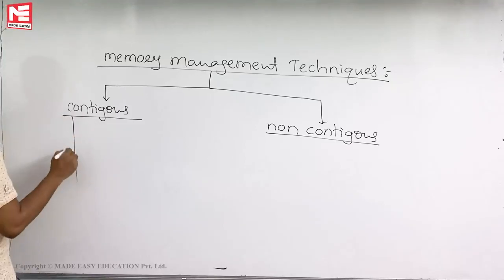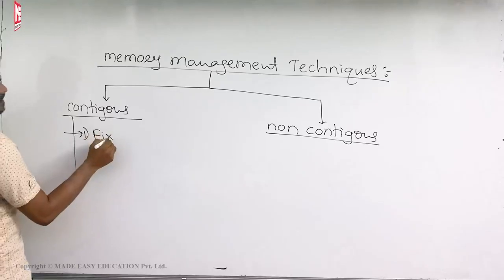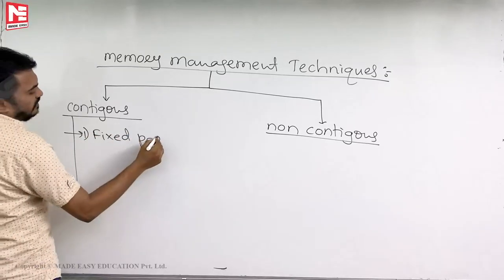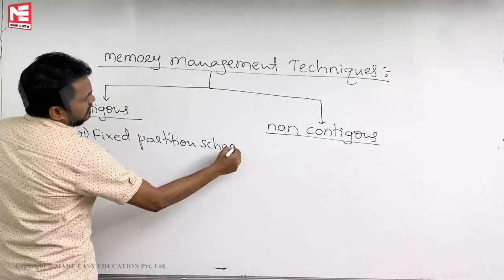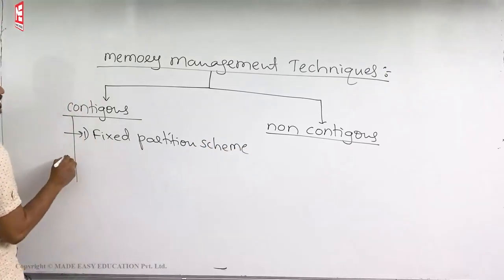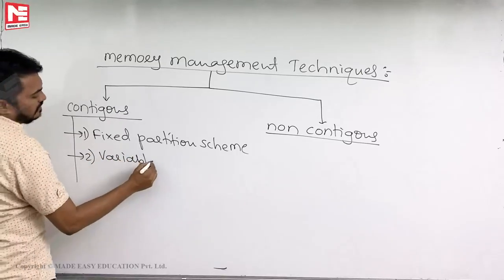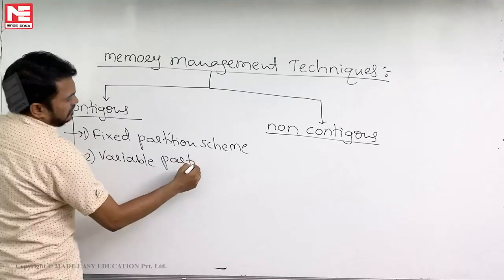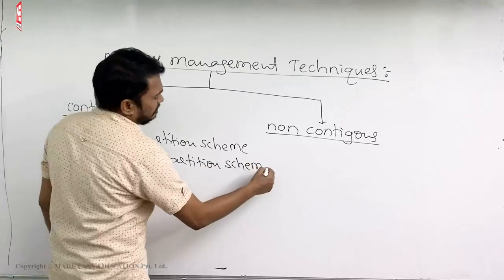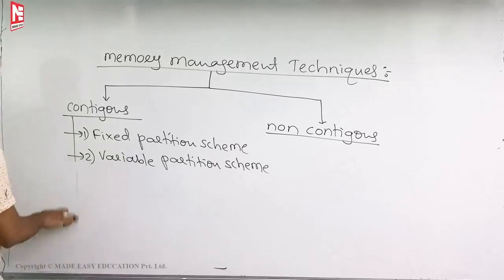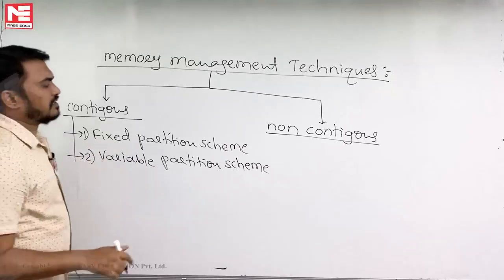In the contiguous memory management techniques, we'll study two things: one is the fixed partition scheme, and the second is the variable partition scheme.